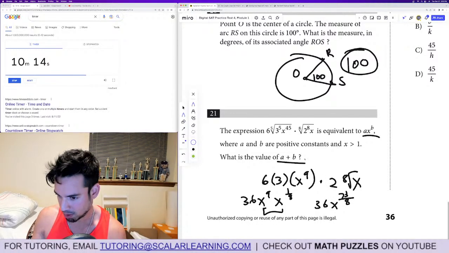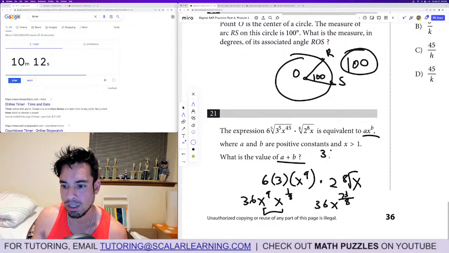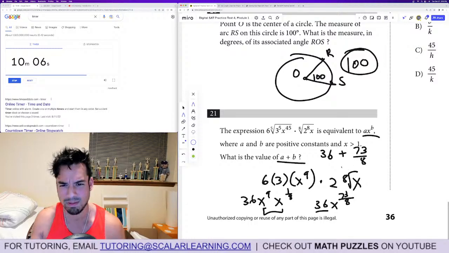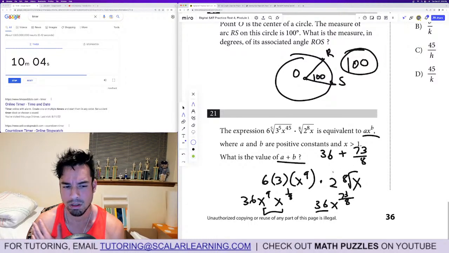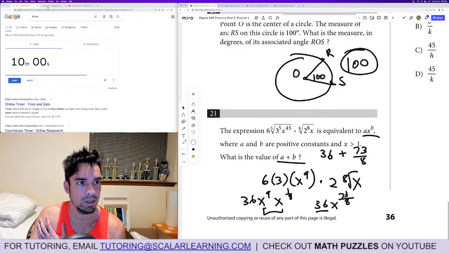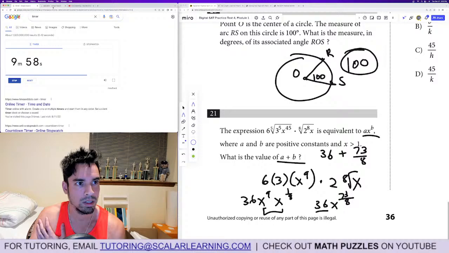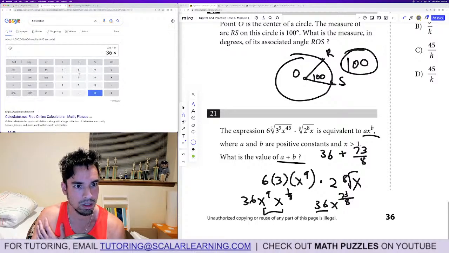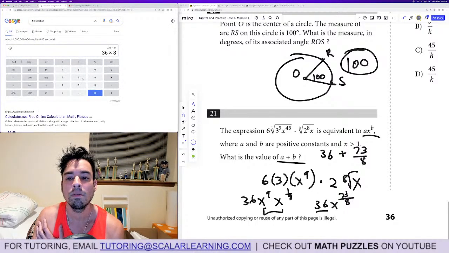And then they want A plus B. So they want 36, which is my A value, and then B is 73 over 8. This is horrible. Okay, I guess I'm going to have to do this. So I'm going to have to get common denominators. 36 times 8. Did I make a mistake?